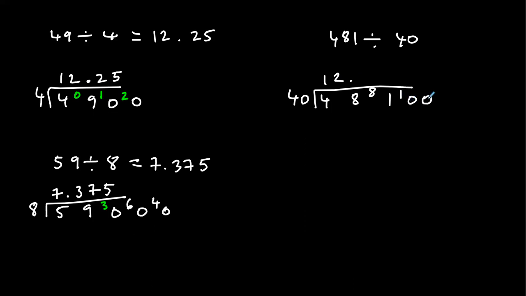And then since we're adding a second 0 for the same remainder, we'd put a 0 at the top for that second 0. And then 40 goes into 100 twice with a remainder of 20. And then 40 doesn't go into 20, so we add a 0. We don't add anything at the top for that 0. 40 goes into 200 5 times with no remainder. So the answer is 12.025.